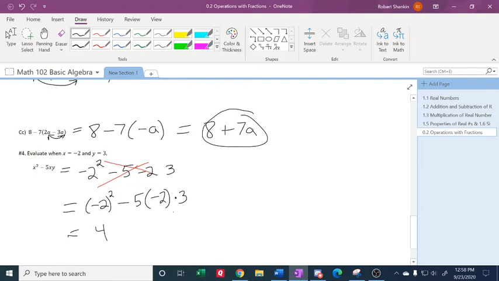This second term is positive because there's a subtracting and a negative. And then multiply the first two together. And then 10 times 3, do the multiplication first. And then we're all set.